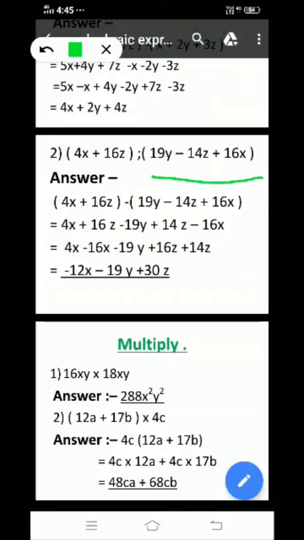The minus sign is very important because it already instructs you to subtract the second expression from the first. Write 4x plus 16z as it is. Now the minus sign outside the bracket means the signs inside will be changed. Therefore minus 19y, minus 14z becomes plus 14z, and plus 16x becomes minus 16x.